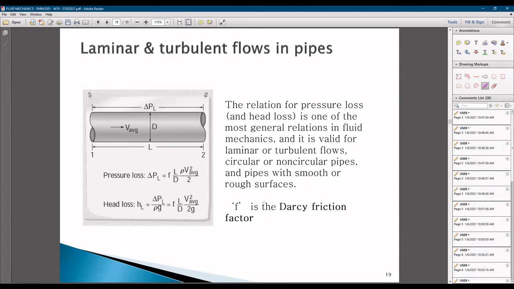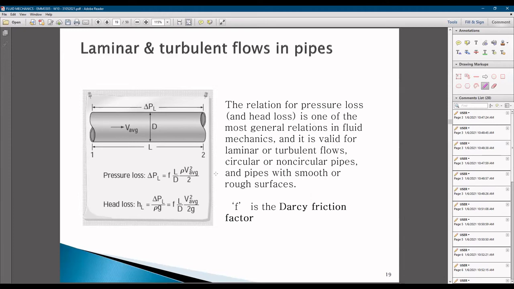And we can use f as our friction factor, or in this case, we call it Darcy friction factor, which represents how smooth or how rough that surface is in relation to this pressure loss or head loss.